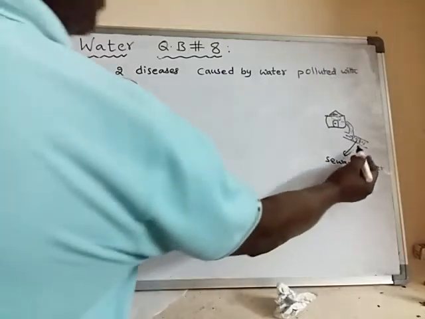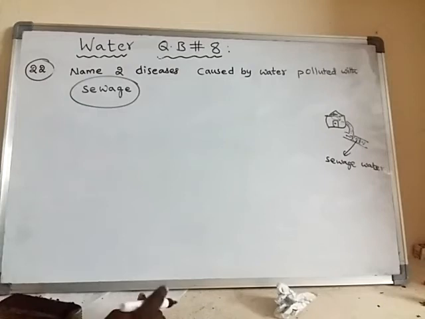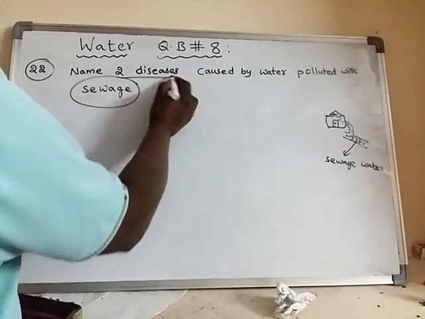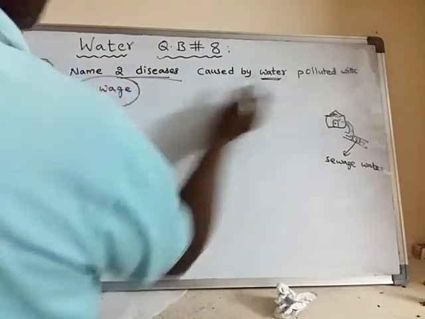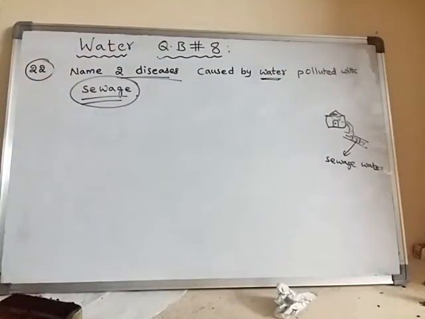This sewage water contains different, very harmful microorganisms like bacteria, fungi, viruses, etc. Hence, they cause what? They cause diseases. So name two diseases which are caused by water polluted with sewage.